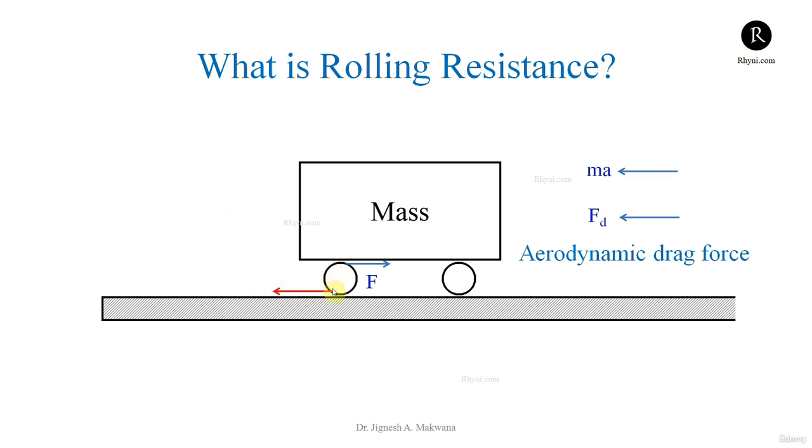Because if we understand the wheel and look at this 2D diagram, it looks like there is only one point of contact, or we can say there is one point which is attached with this surface. That means this wheel and vehicle are connected to the surface with only one point. But if we look at the width of the tire of the vehicle, then this point will become a line.